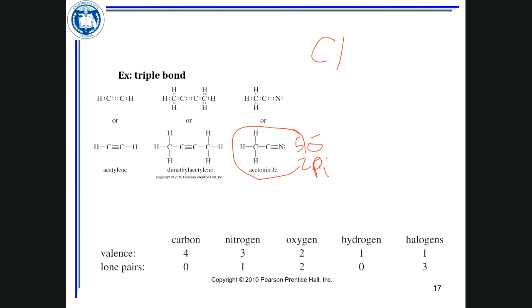And they don't like to share more than 1. They only share 1 because they only need 1 electron in order to form their octet or satisfy their octet. Halogens never form double bond. Just keep that in mind. Hydrogen cannot form double bond. Halogens don't form double bond, only single bond. And halogens or hydrogen cannot be central atom.